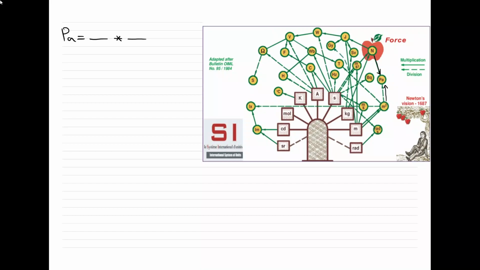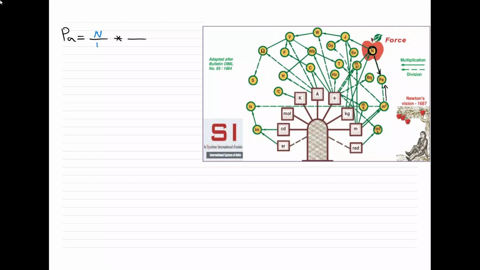Now let's go for the first fraction. We can see that the first fraction is coming from Newton. Since it's a solid line, we will put it in the numerator. So we will write Newton in the numerator of the first fraction.